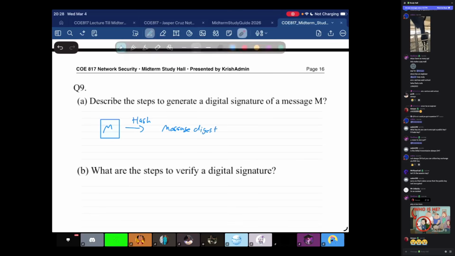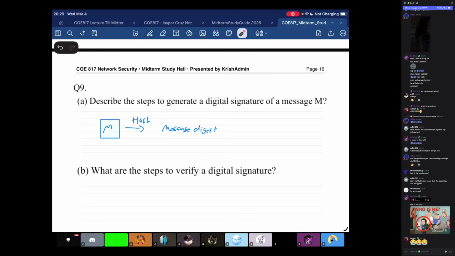Whatever message is included in this, either MD5 or SHA-1 will be used to hash this message into, I believe, a 32, 64 or 128-bit value in hexadecimal. That will be this message digest.